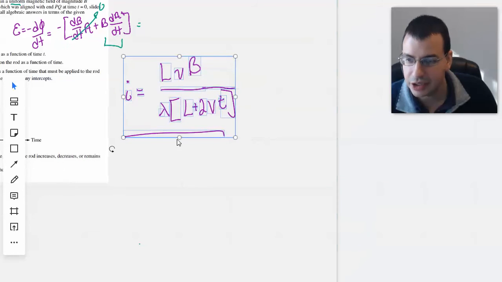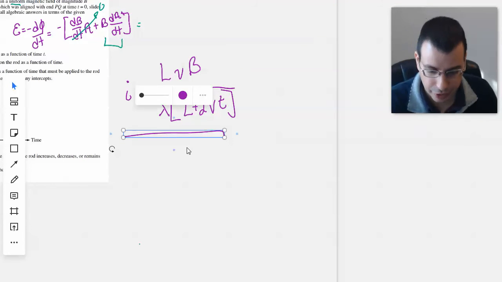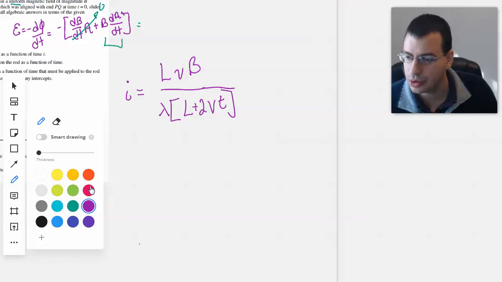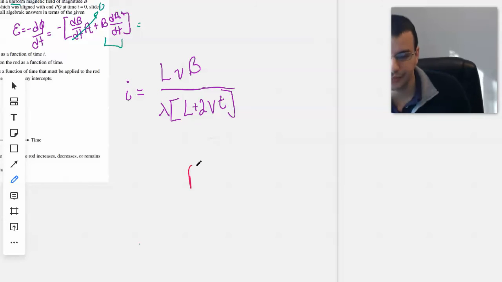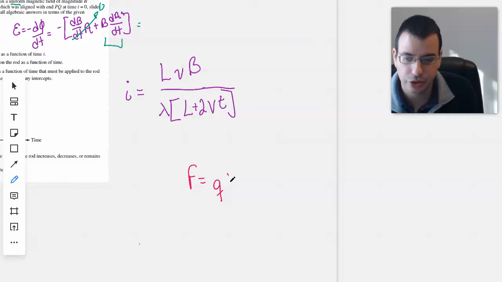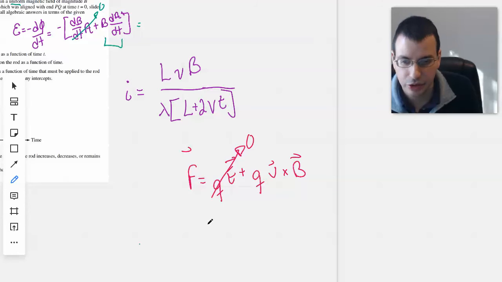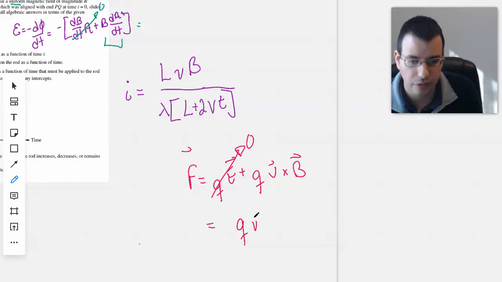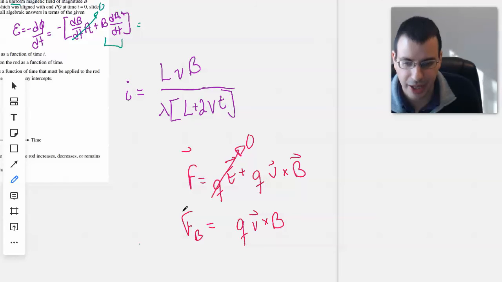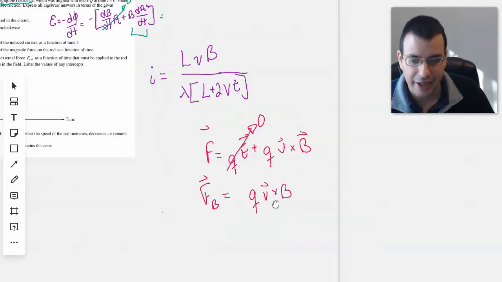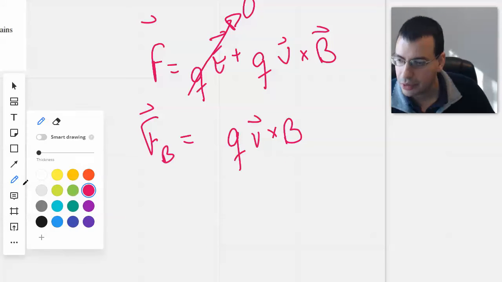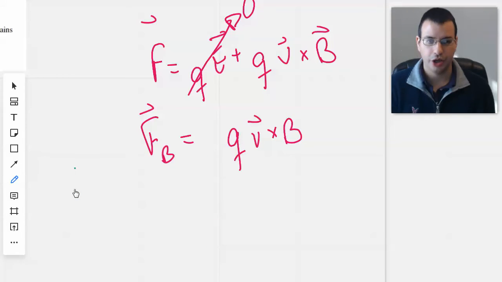So the idea that we have here to find the magnetic force comes down to our equation F equals QE plus QV cross B, where we assume the electric force is 0, and so we're left with QV cross B, and this would be force due to magnetism. And I would just jump straight to the equation.